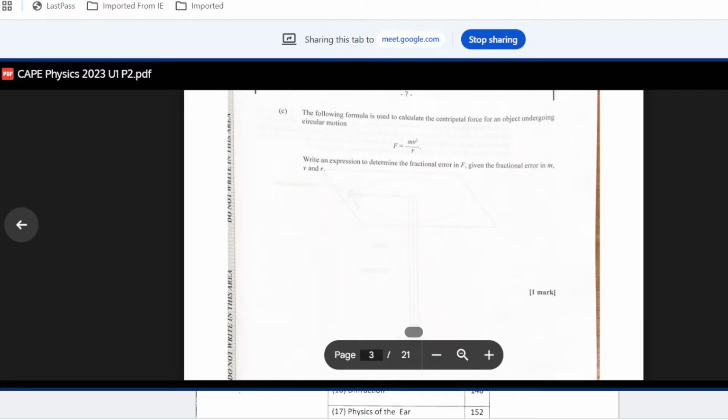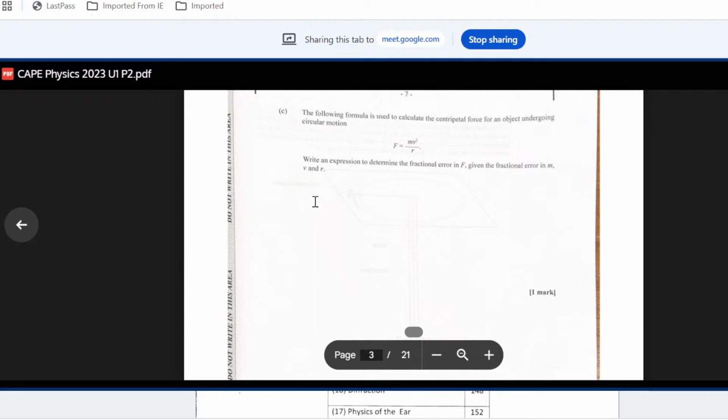Uncertainty. Fractional error. So the uncertainty of F over F is equal to the uncertainty of m over m plus, did I say plus or minus here?